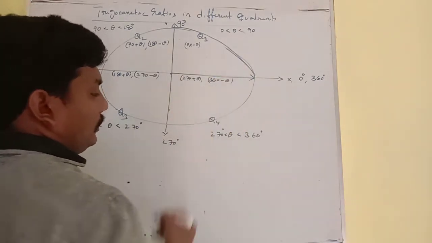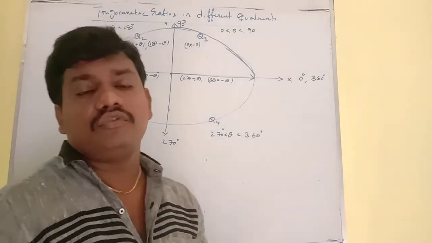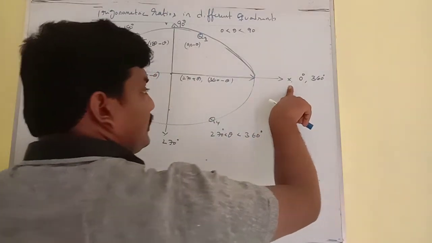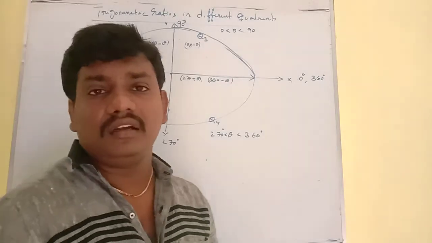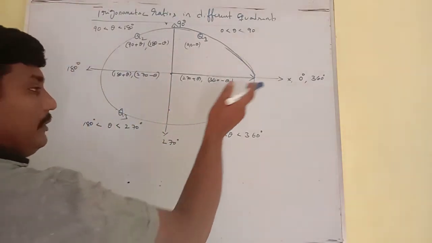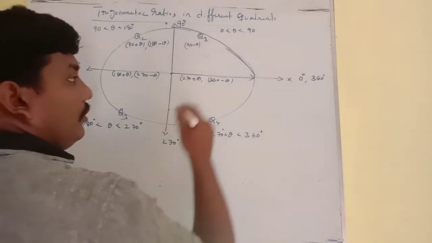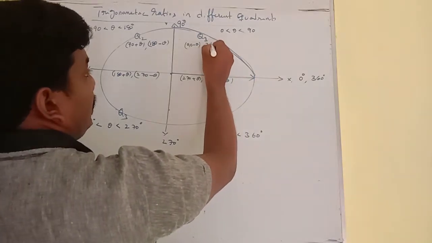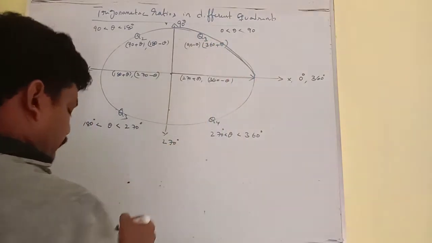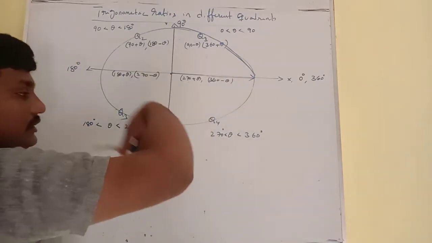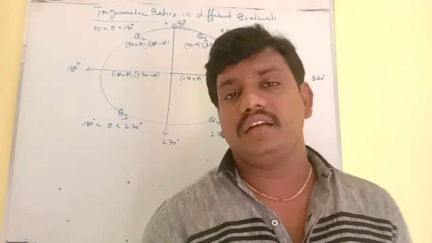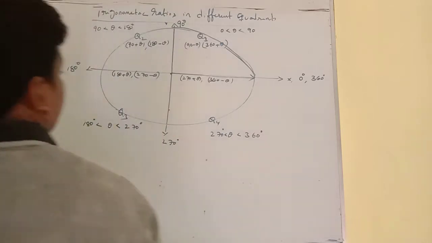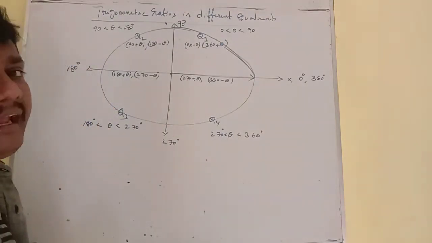Now when it reaches the x-axis again, it completes one rotation. In the second rotation, the ray reaches the first quadrant again, which is 360 plus theta. It keeps rotating infinitely, so there are n number of cycles.